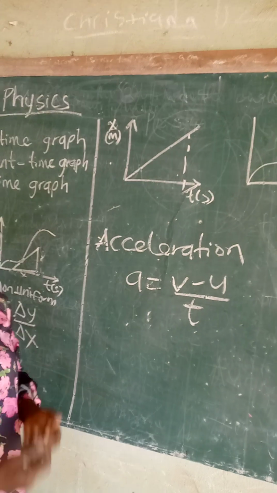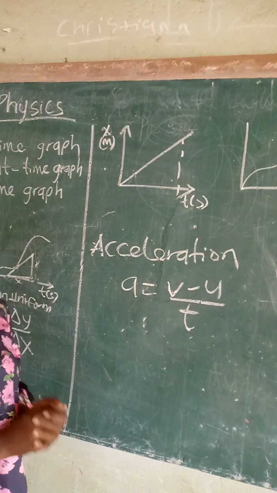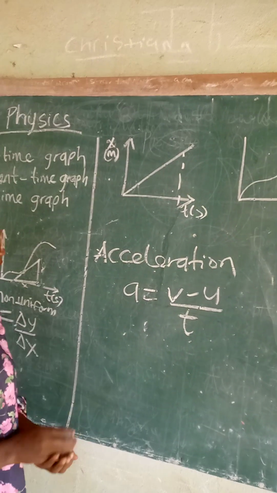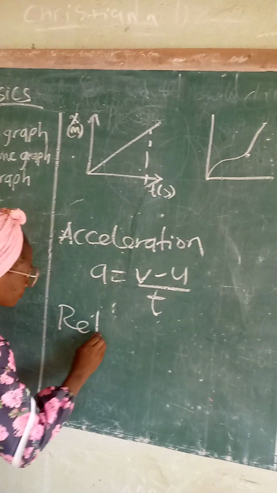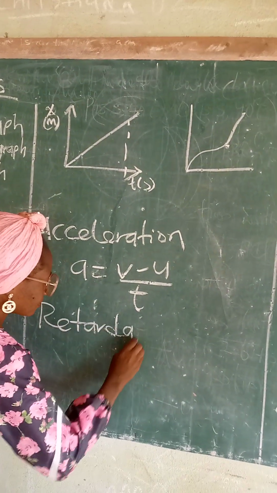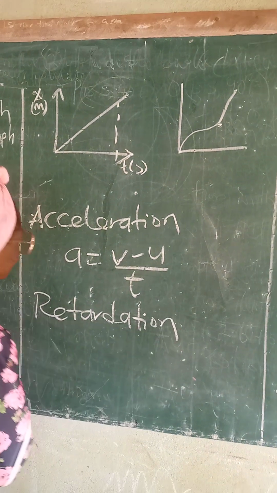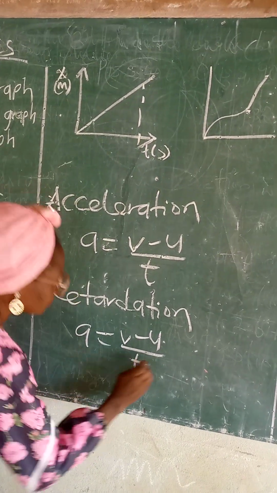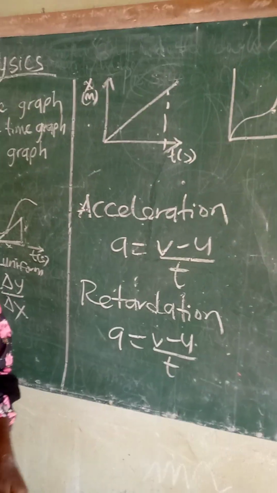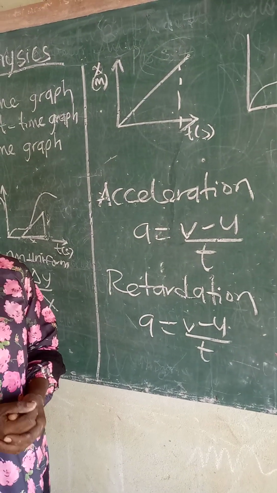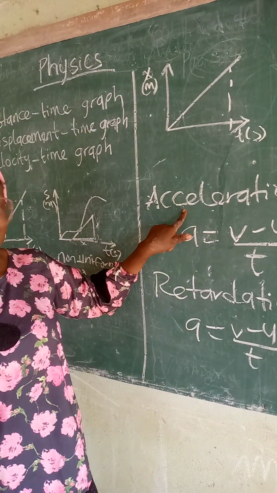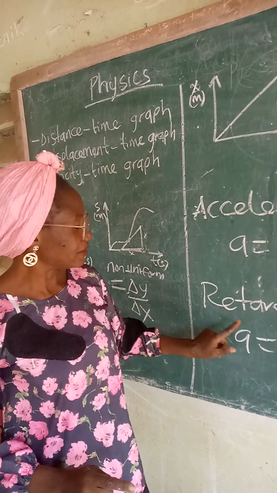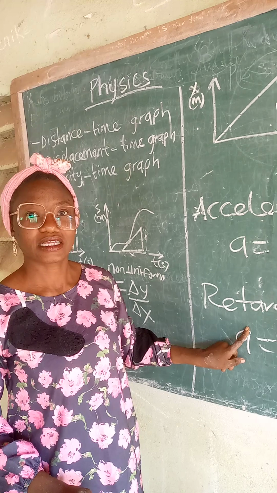Retardation is still the same formula, but on the other hand it is the decrease in change in velocity per time. Acceleration is increase, retardation is decrease.